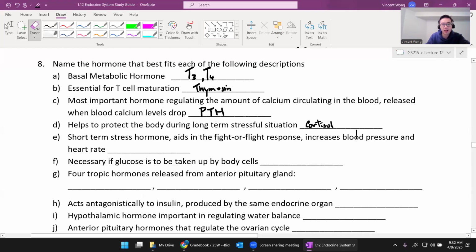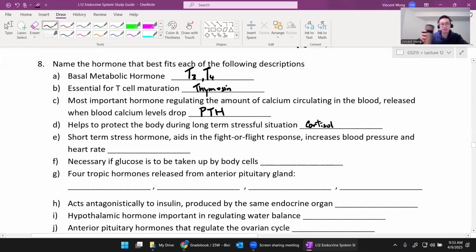Okay, fight or flight. Look at the master study sheet, the one with the diagram. What hormones, more than one in this case, will trigger the fight or flight response? And my favorite example, angry dog running towards you. What are you going to do? Are you going to fight it? Are you going to run away? Either case, you're going to need this hormone.